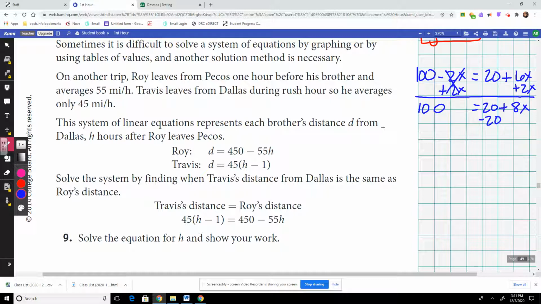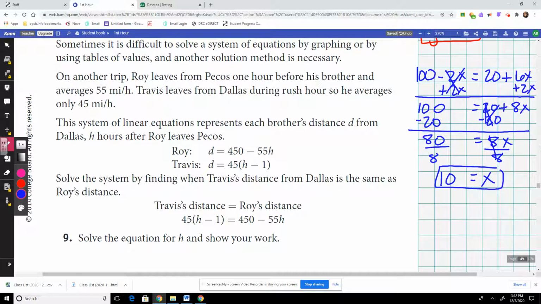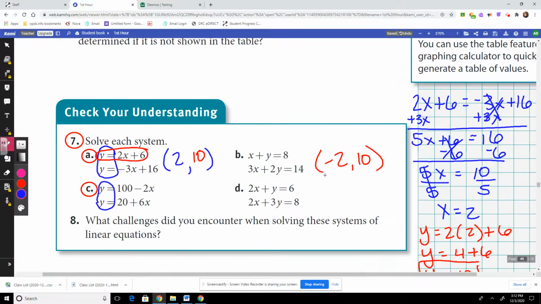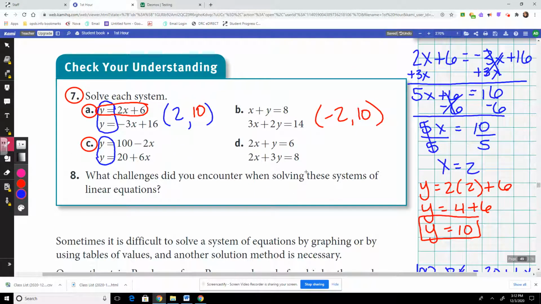Subtract 20 on both sides, and I'm left with 80 equals 8x. Divide by 8 on both sides. I'm going through this pretty fast because by now you should be able to solve equations while you're sleeping. So x equals 10. For part C, x is 10.